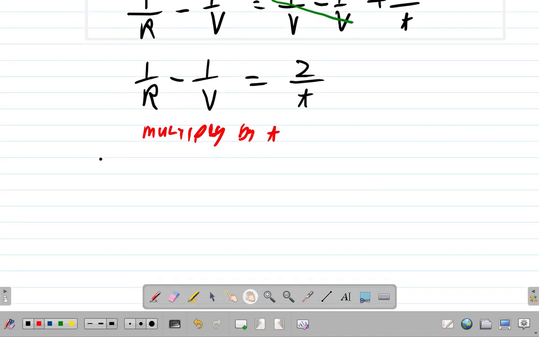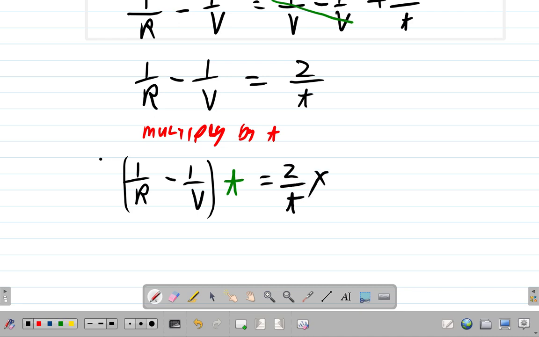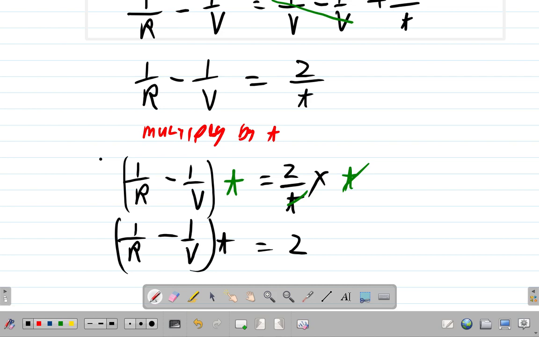If you do that now, what you would have is 1 divided by R minus 1 divided by V multiplied by T equals, so here, this T is what you multiply by, 2 divided by T multiplied by T. But T cancels T. So what you have is 1 divided by R minus 1 divided by V, and that is multiplied by T equals 2.